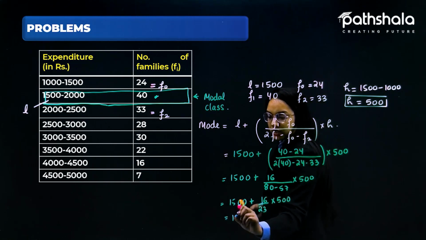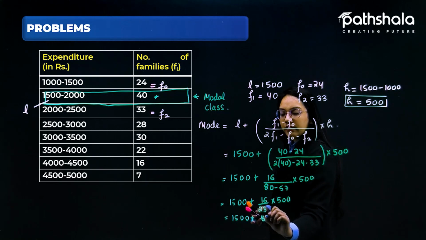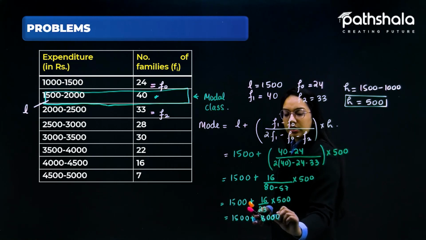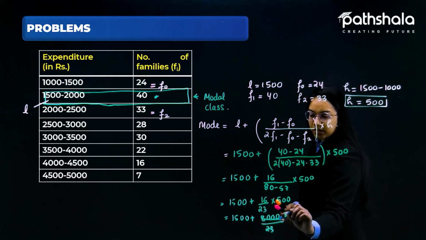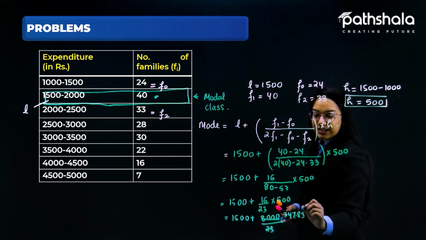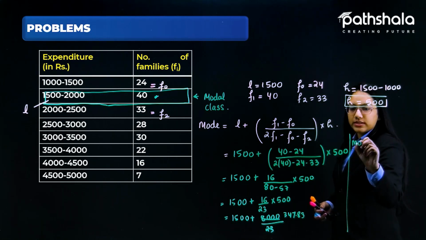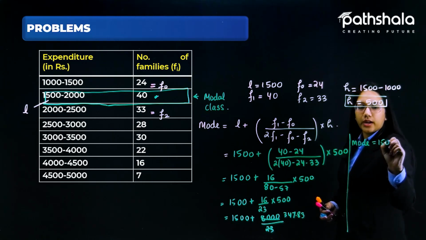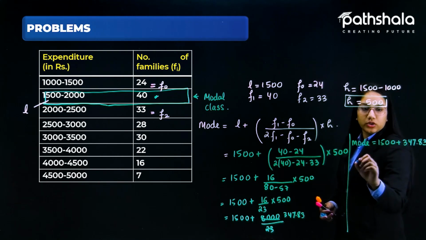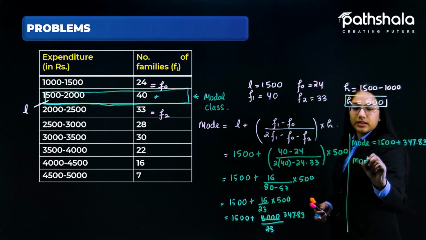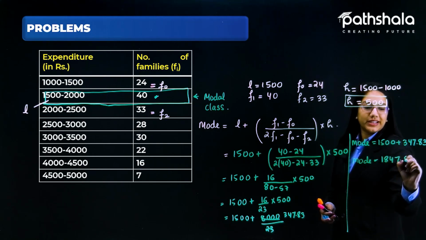This value is 1500 plus 8000 divided by 23. When we sort it out, we get the answer as 347.83 in approximate value. So at the end, if I take the sum, the mode comes out to be 1500 plus 347.83, which is 1847.83.